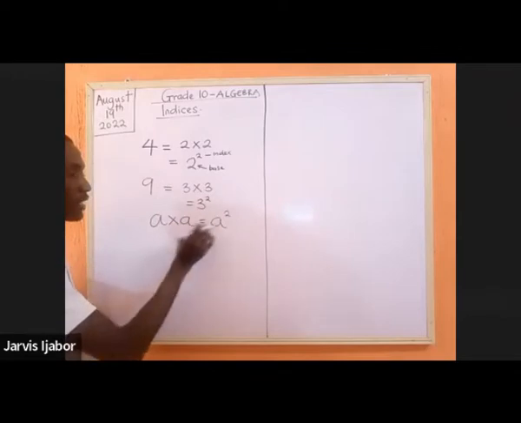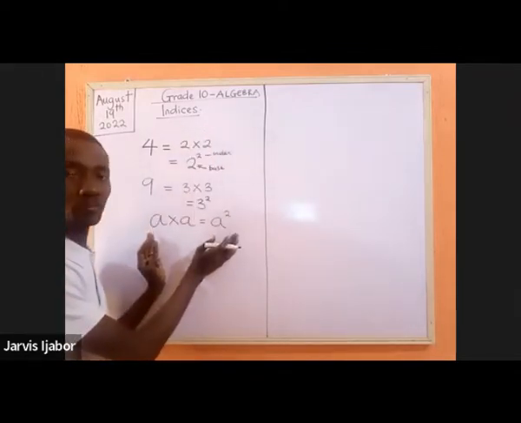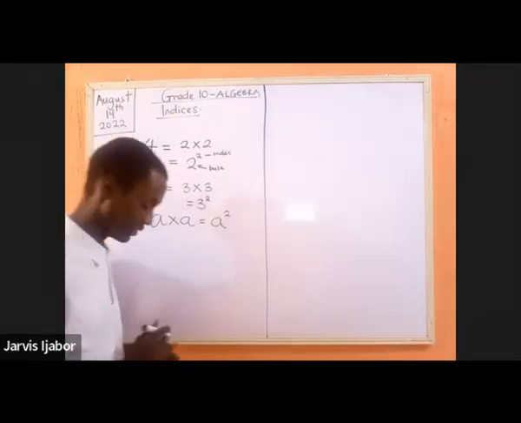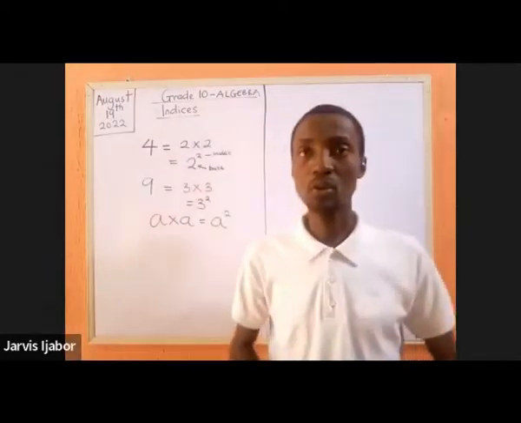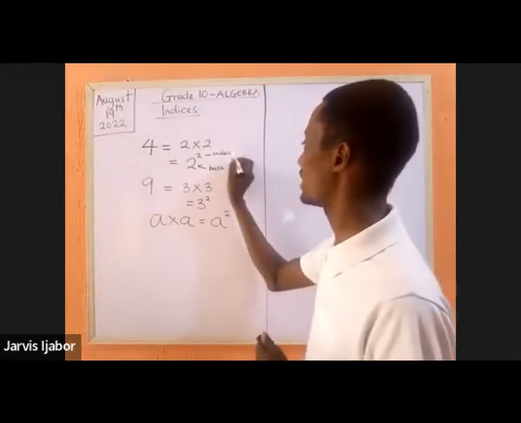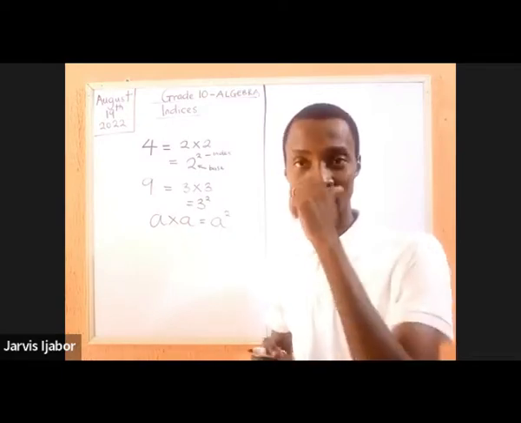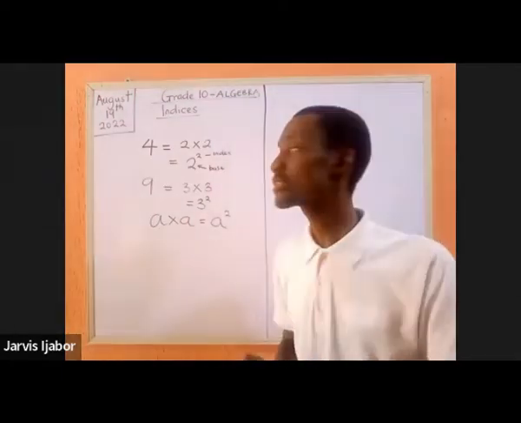So a times a will give me a squared. This, by way of introduction, is what the matter of indices is all about. What happens at the realm of what is called the index is what is of interest to us as mathematicians while considering this topic.